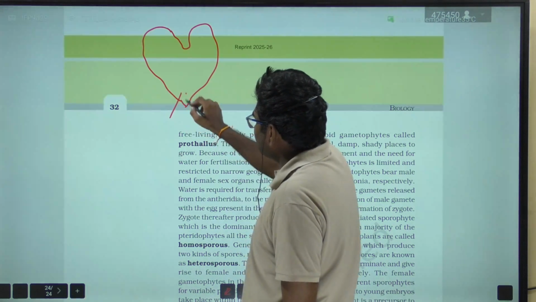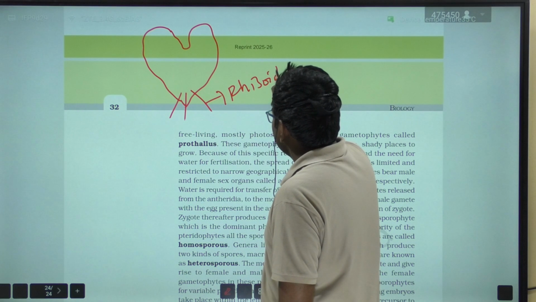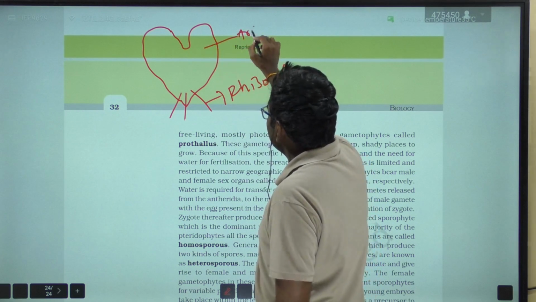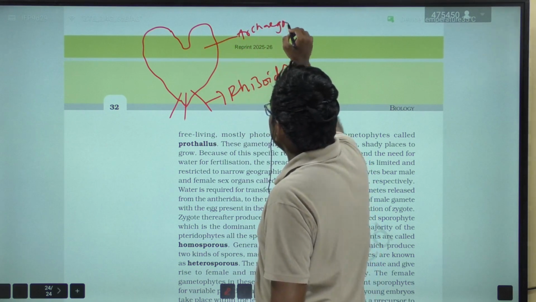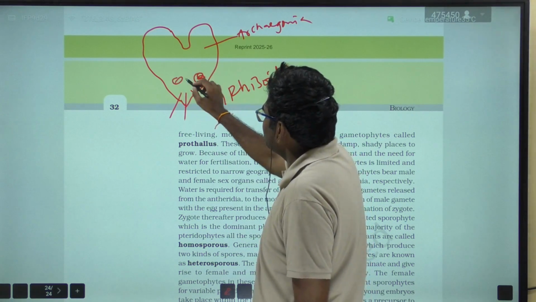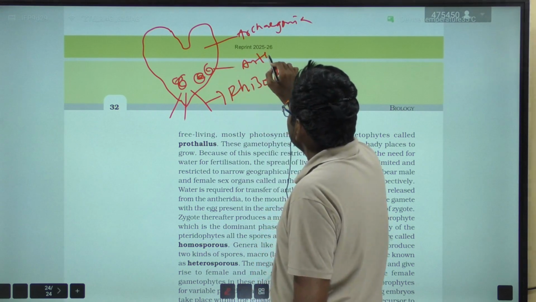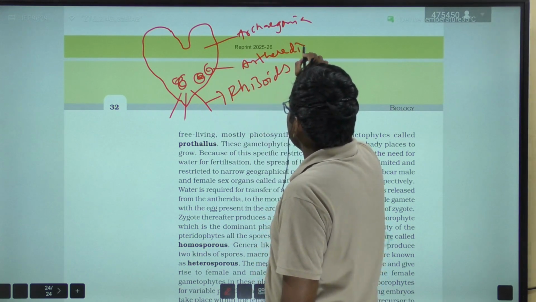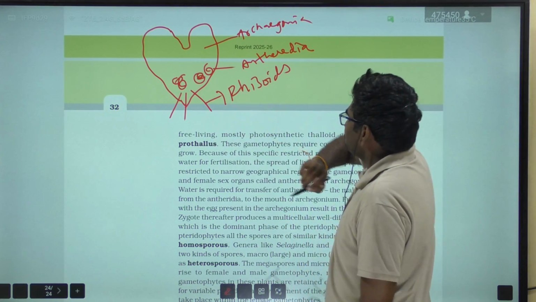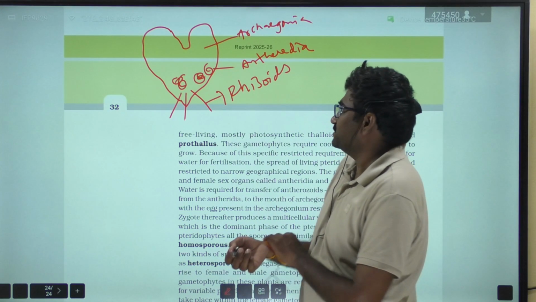It possesses rhizoids, archegonia and antheridia. Here the antherozoid is multiflagellated, whereas in bryophytes it is biflagellated.